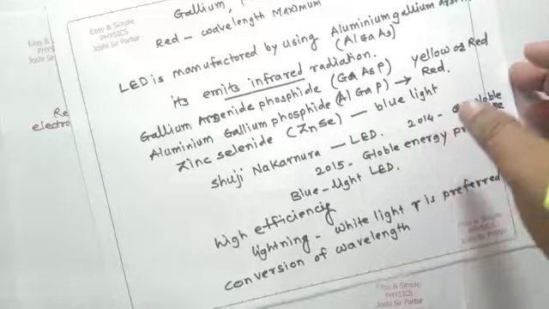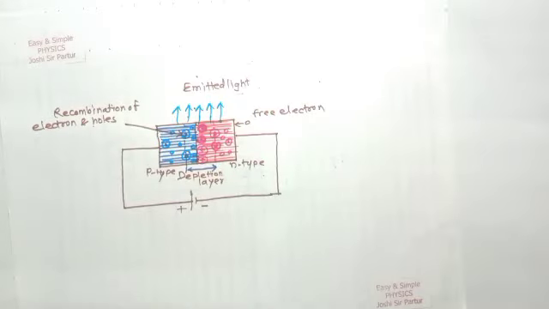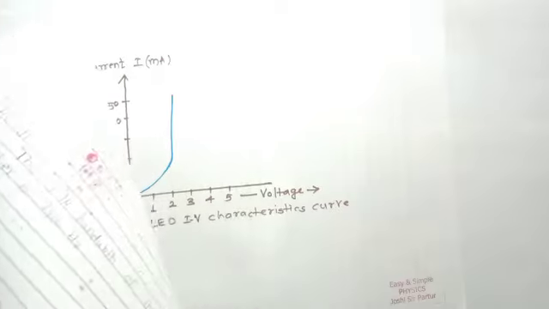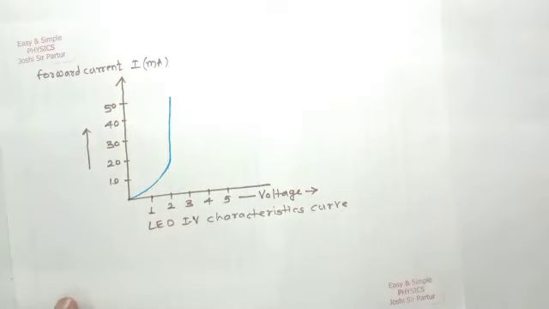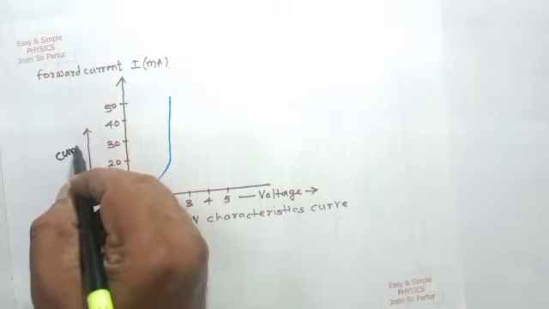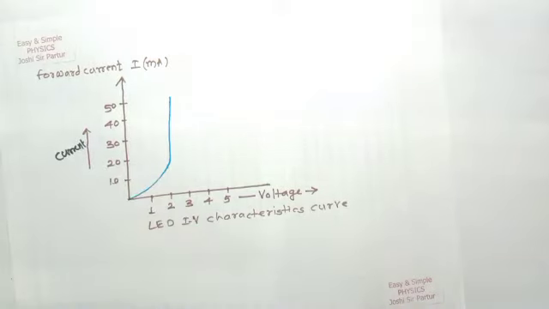If we plot a graph of forward current against voltage, see here, current is there and voltage.